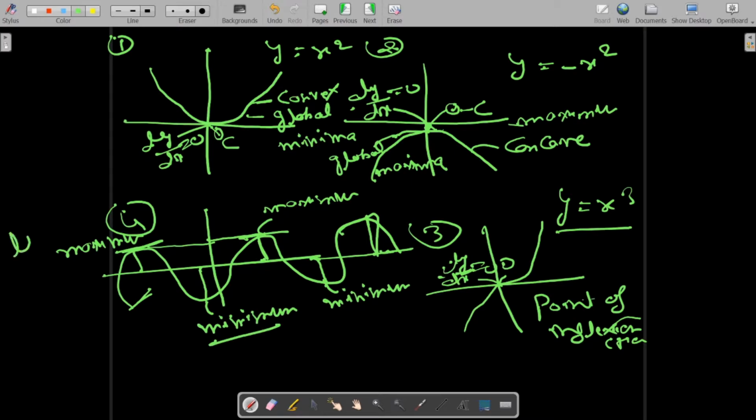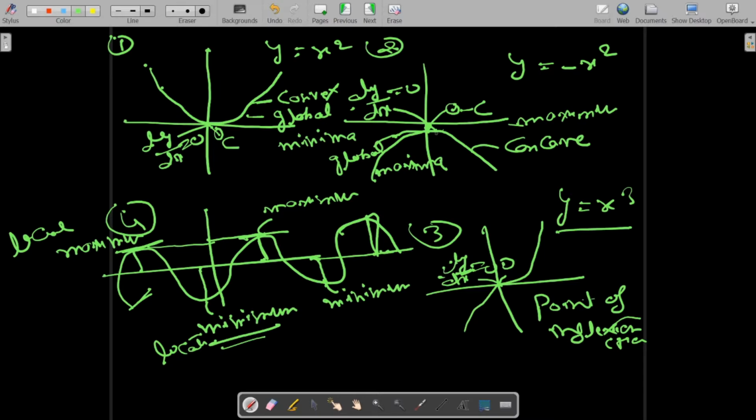So these are local maxima and local minima. Why am I saying here local maxima and local minima, and here I am saying global maxima and minima? If you see this particular graph in its domain, it is taking only this particular point as a global minima. There is no other minimum point. So that's why it is a global minima.